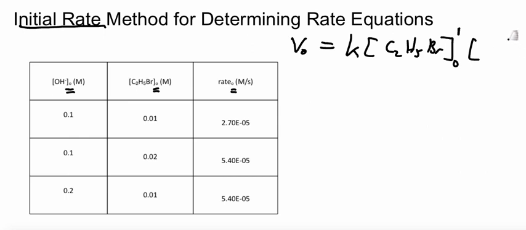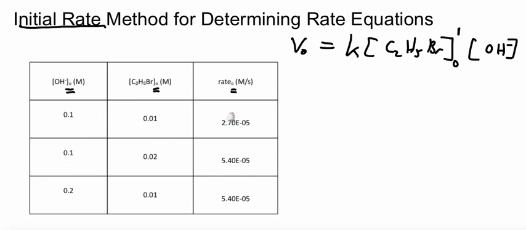And now we have to figure out what the order is in hydroxide ion. So we look for an experiment where we change the concentration of hydroxide ion, but not the concentration of ethyl bromide. If we compare these two experiments, trial 1 and trial 3, we didn't change the concentration of ethyl bromide, but we did change the concentration of hydroxide. We doubled it.